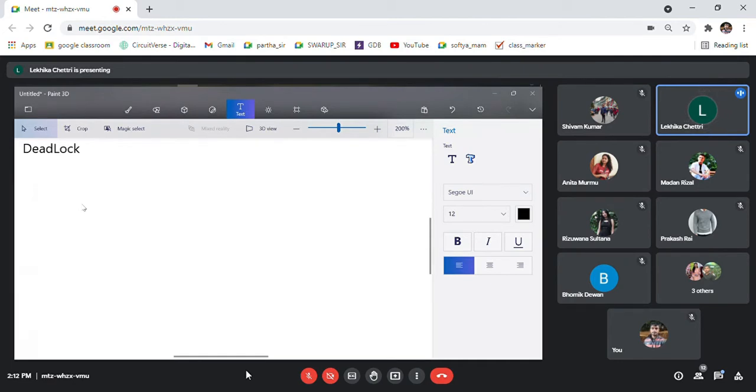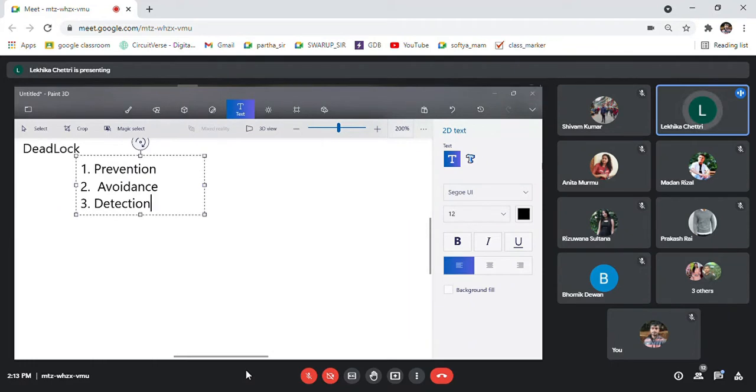Now it is important that the students learn the three basic approaches to deadlock. One is deadlock prevention. Two, we must try deadlock avoidance. And the third is deadlock detection.